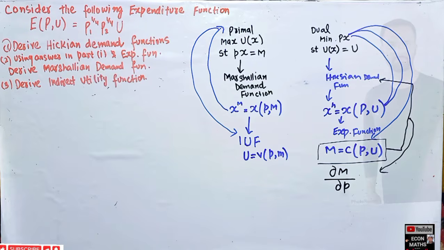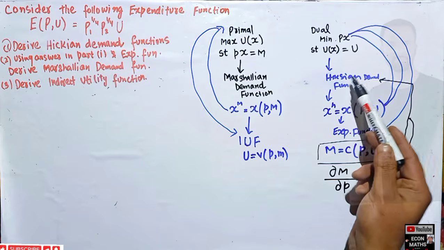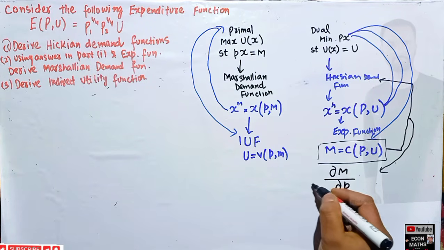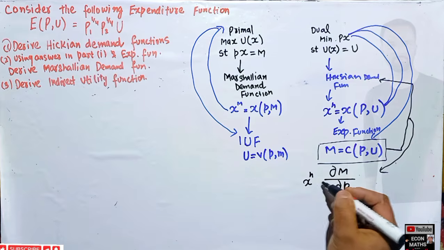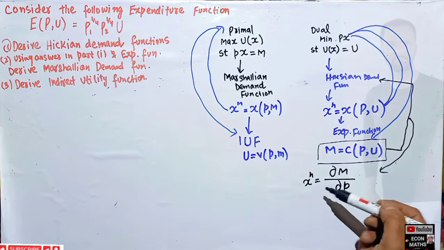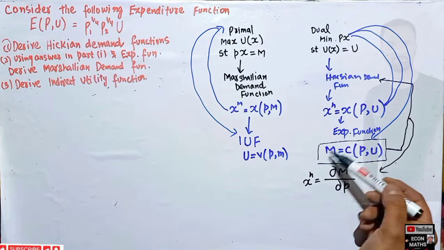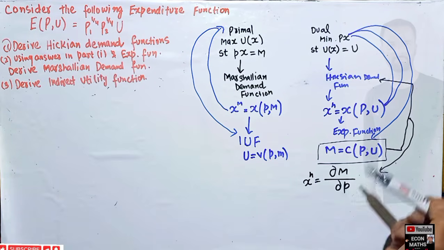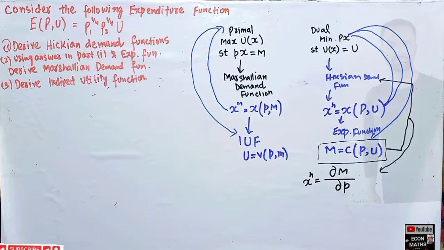I repeat: how can we get the Hicksian demand function, x_h? To get the value of the Hicksian demand function, we need to differentiate this expenditure function with respect to p.